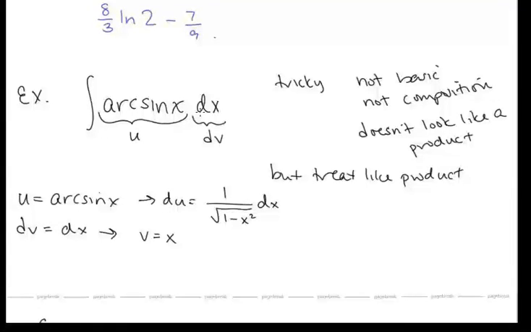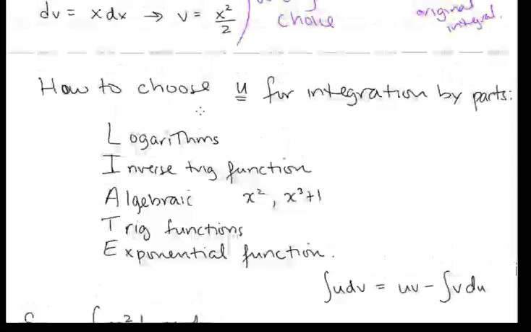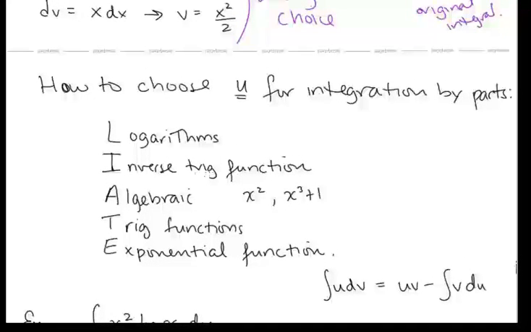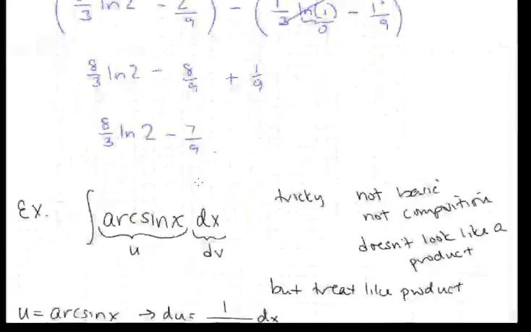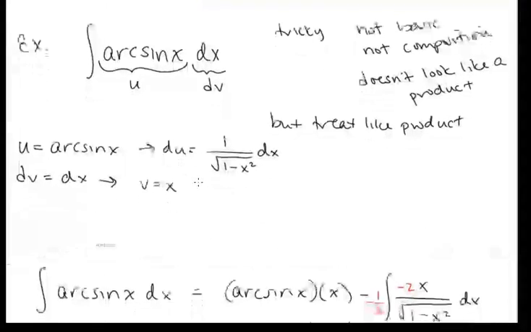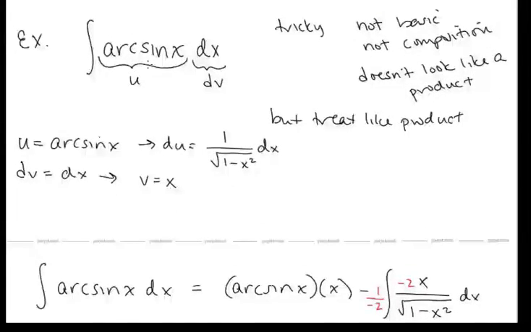Let's go back up to that. What do those guidelines say? Look for logarithms, inverse trig functions. So if I see an inverse trig function, maybe I want to try integration by parts by letting u be arc sine x. If u is equal to arc sine x, then dv must just be 1 dx. It must just be dx. So we're here.